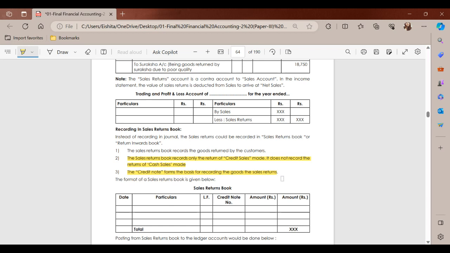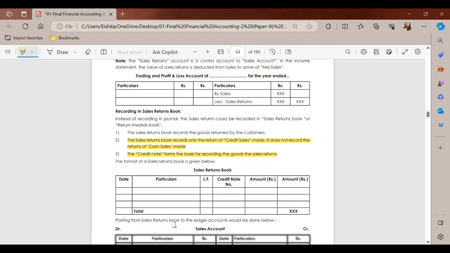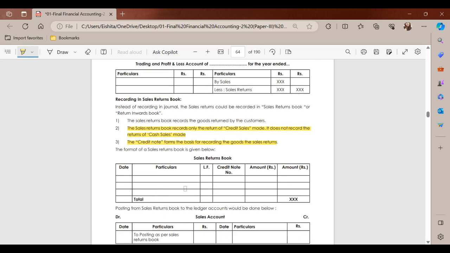The format of a sales return book is given below. Serial number, date, particulars, ledger folio, credit note number, amount in rupees, and the total of amount. The grand total of this is given at the extreme end. Posting from the sales return book to the ledger account will be done below.